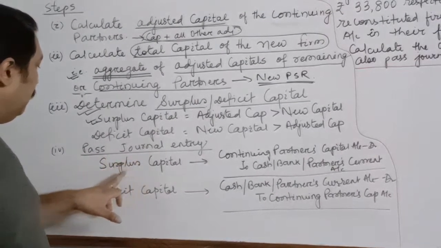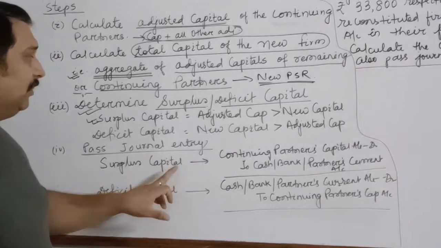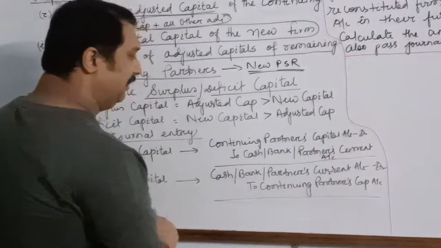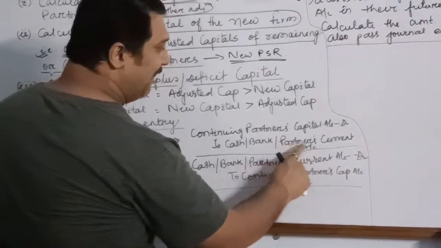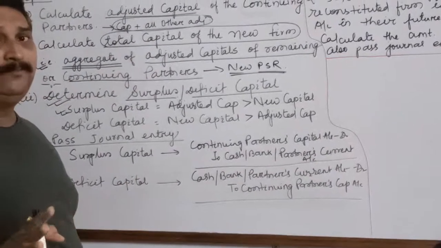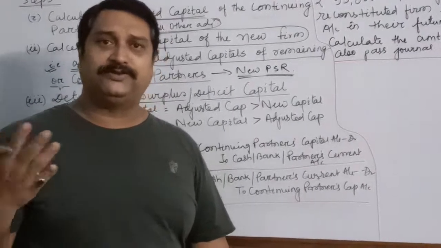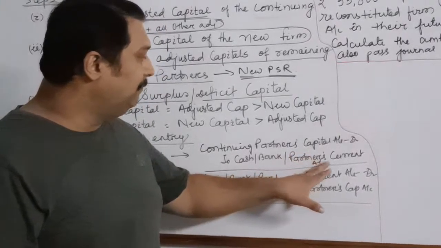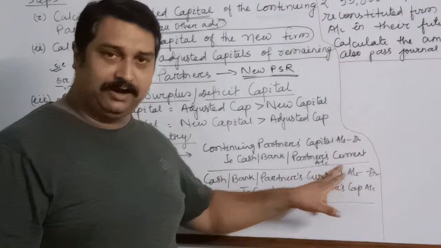In case there is a surplus capital, we can pass the following entry: continuing partners' capital account debit to cash, bank or partners' current account. In case the question says that any excess or shortfall is to be adjusted through current account, in that case you will be using the partner's current account.